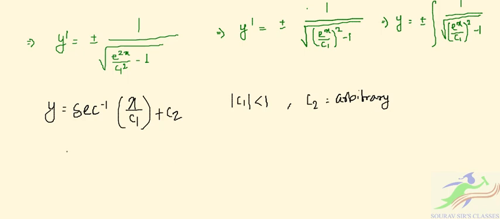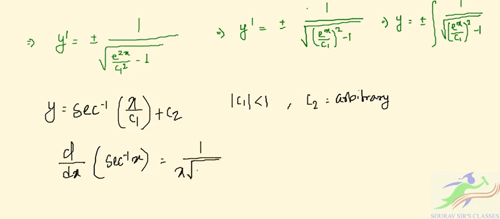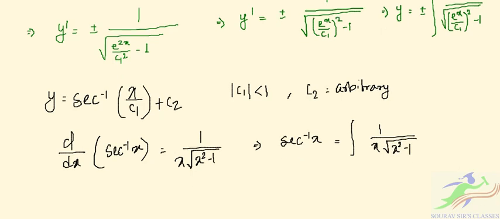So we can do this: d dx of sec inverse x is 1 by x multiplied by square root of x square minus 1. Or we can write that sec inverse x is the integration of 1 by x multiplied by square root of x square minus 1.